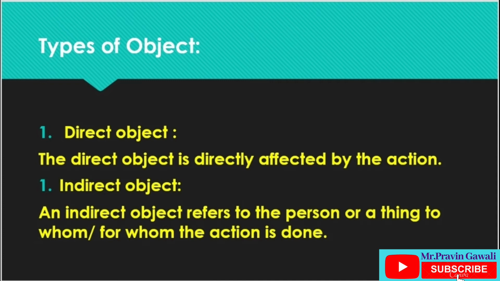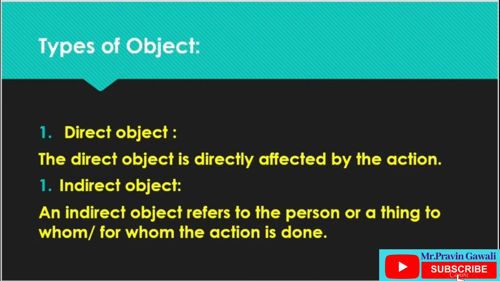Let's study. Direct object is directly affected by the action. Just now I have explained to you that the thing which receives action directly is called direct object. It means it is directly affected by the action of the verb in the sentence, that is direct object. Next one, indirect object.